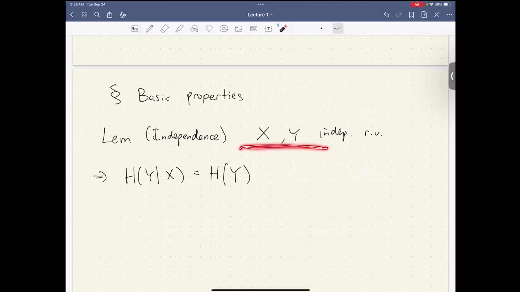Since X and Y are independent, knowing X does not give us anything about Y. So the information we get from Y is just the same as its own, right?